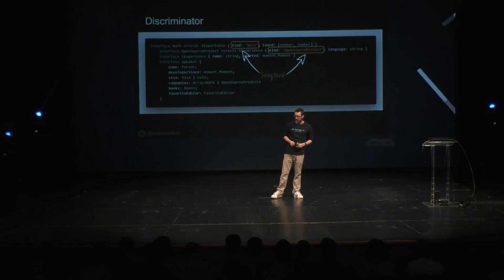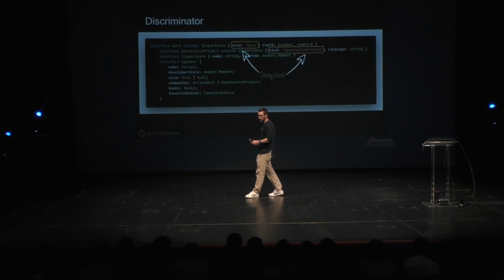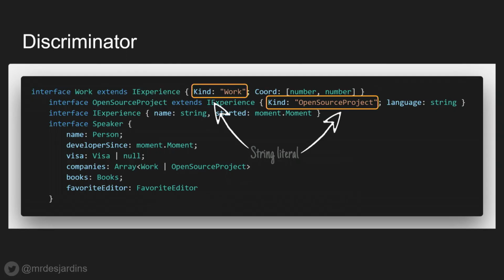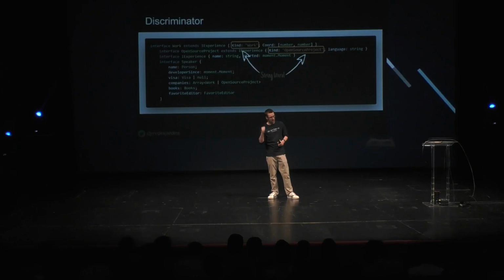Discriminator is a pattern in TypeScript, which is also used in JavaScript. It's just that maybe there's no name associated to it, which means that you're specifying a specific field with a specific name with a specific value. So, for example, here I have the interface work, and I'm stamping that it is going to be a string of work. And on the other one, the second line, the open source project, I also have the same kind member, but this time it's stamped with open source project.